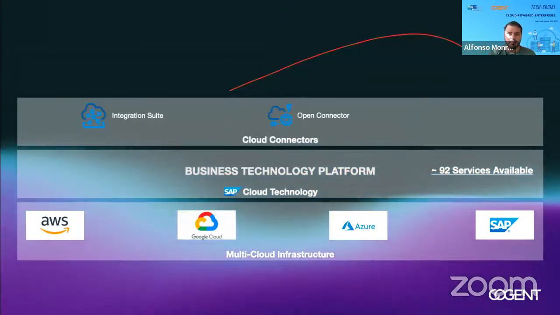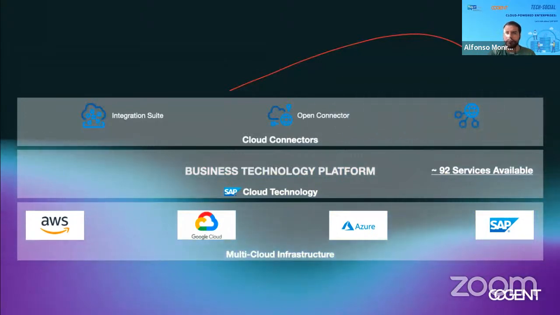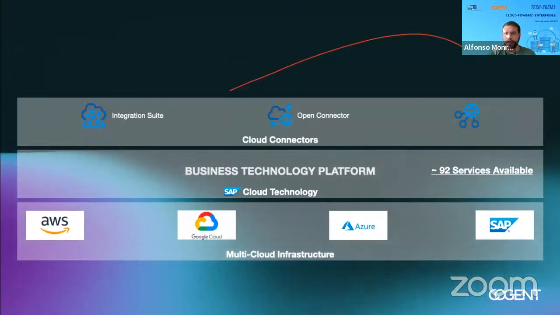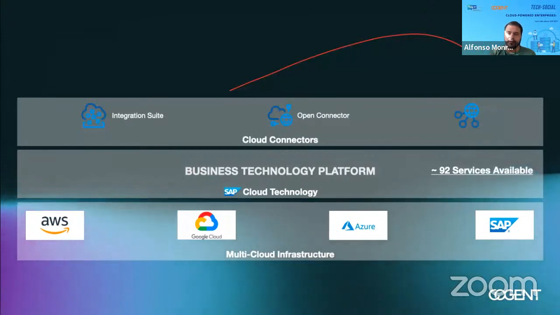And then we have the API management, where there are 2 different types of APIs. We have the business API hub, that is all the APIs that SAP has built, ready to use for S4 or for ECC, using the OData service.